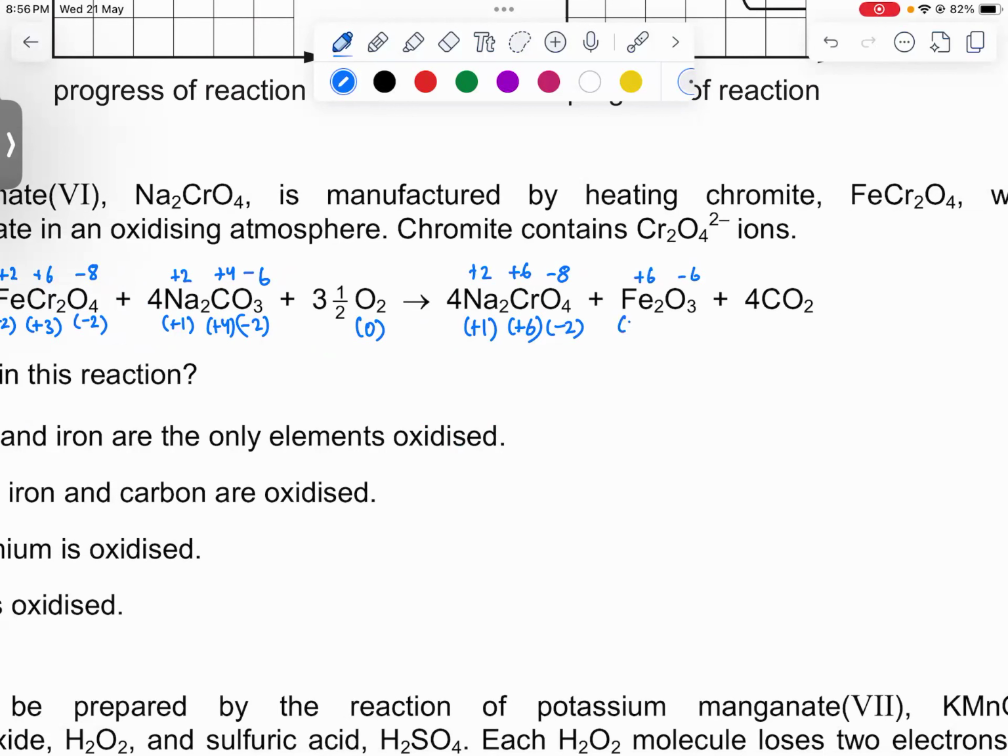So each iron must be +3 over here, because oxide is always fixed at -2. And then we don't even have to see CO2, but we can if we want. C is +4 over here, because oxides in total are -4, because each oxide is -2, and C is +4.